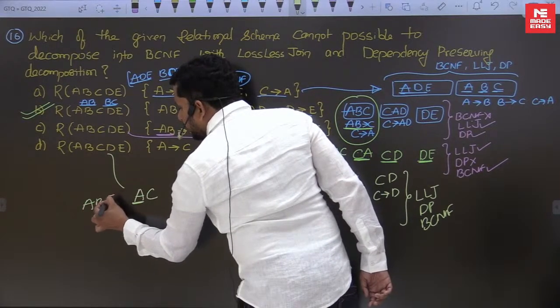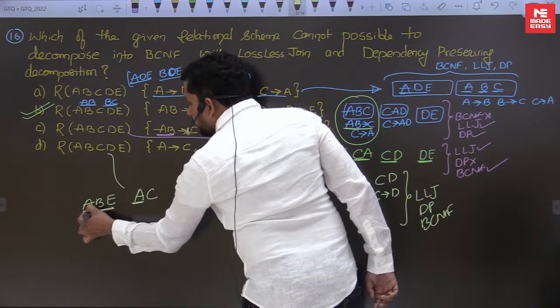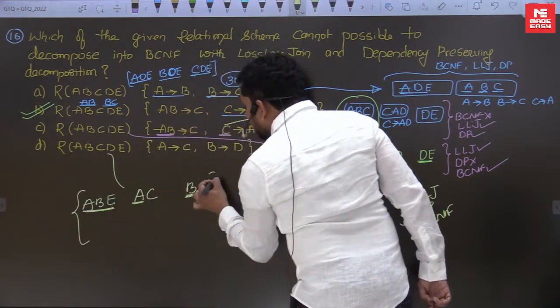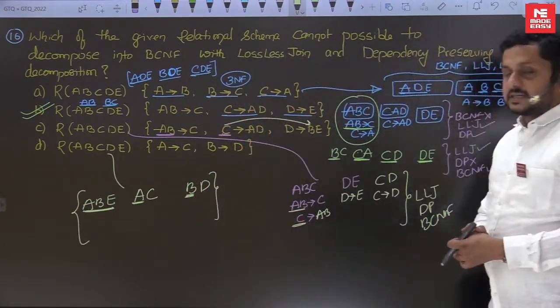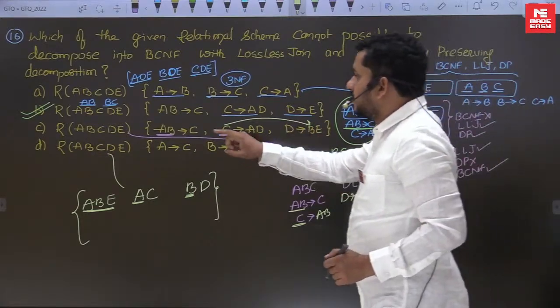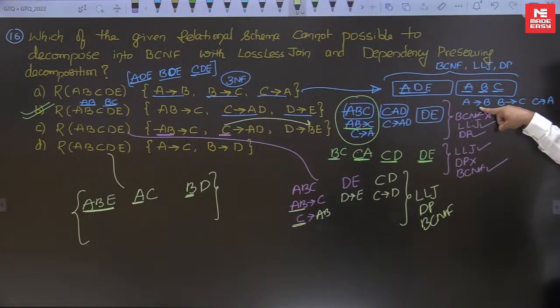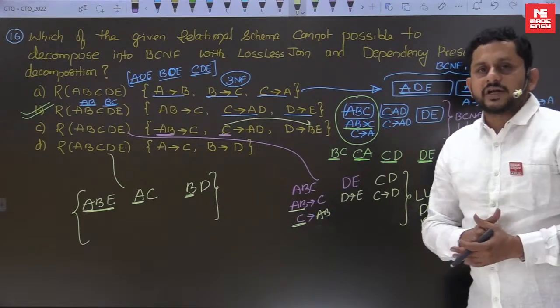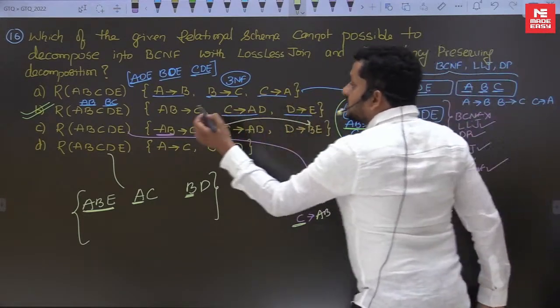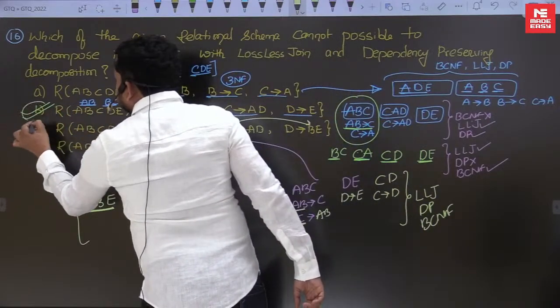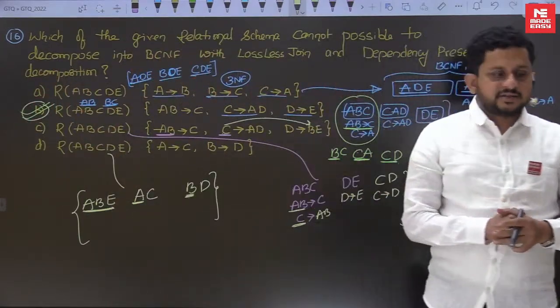If we decompose like this, lossless join, dependency preservation as well as BCNF will all be satisfied. So only the second relation is unable to be decomposed into BCNF along with lossless join and dependency preservation. So the answer to this question is option B. Right?